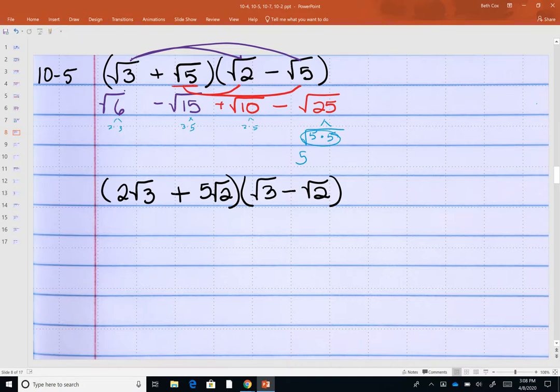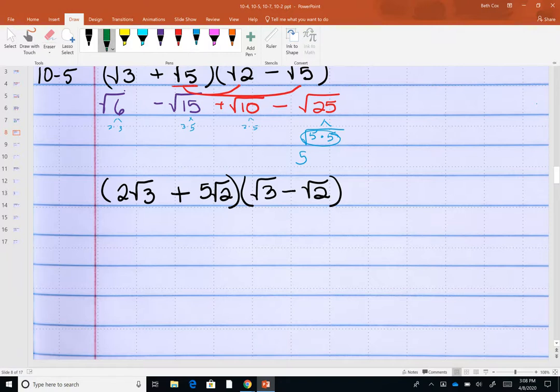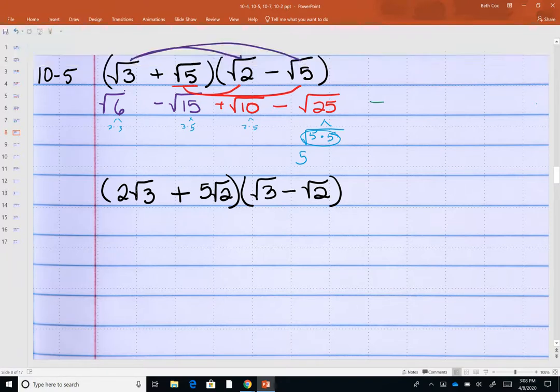So the final answer looks like this: the square root of 6 minus the square root of 15 plus the square root of 10 minus 5. There are no like terms. I can't add anything, subtract anything.